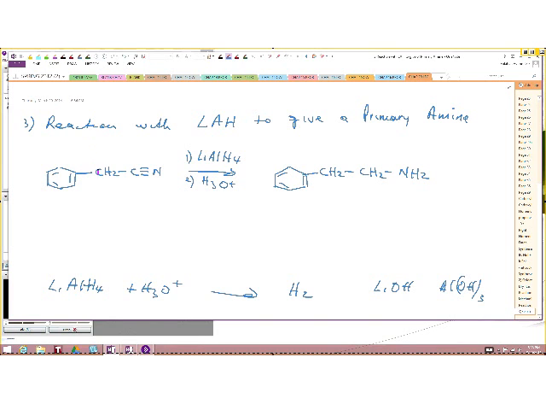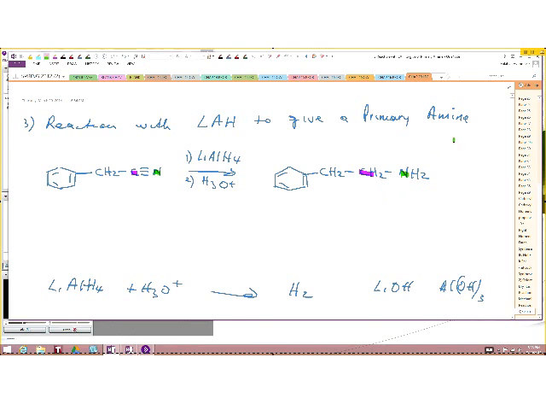See what has happened here, this carbon here, the carbon of the nitrile is converted to a CH2 group, and of course the nitrogen here, we are adding 2 hydrogens to the nitrogen. So we call this a primary amine, this class of compounds in which you have nitrogen attached to a carbon, and that nitrogen could be attached to either hydrogen or other carbon atoms.